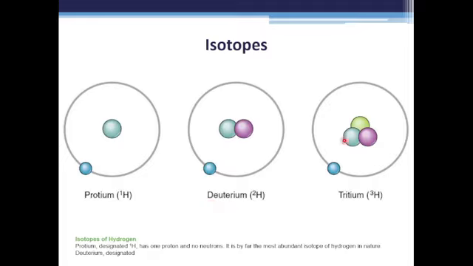Next, we have one proton and two neutrons. This is still hydrogen, but it's called tritium. Chemically, isotopes behave almost the same, but the only thing that differs is the mass.